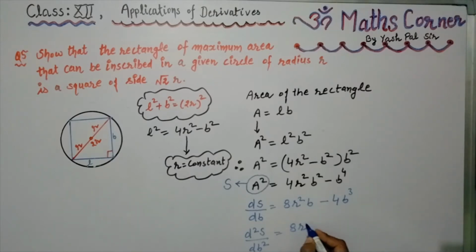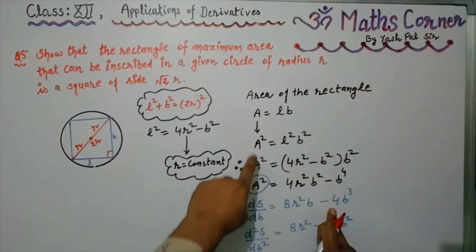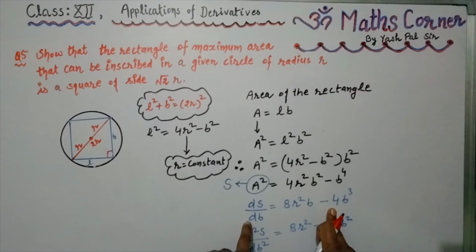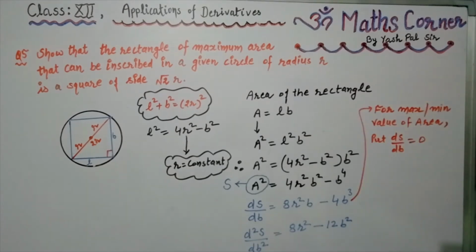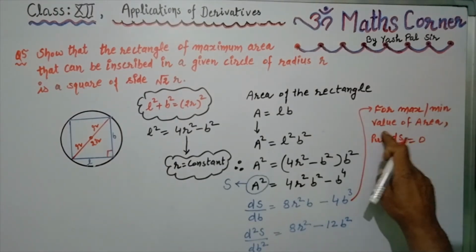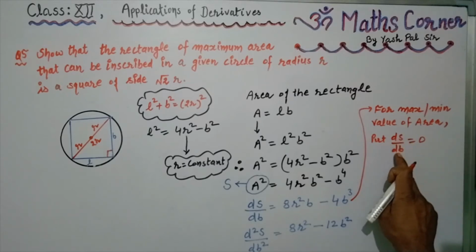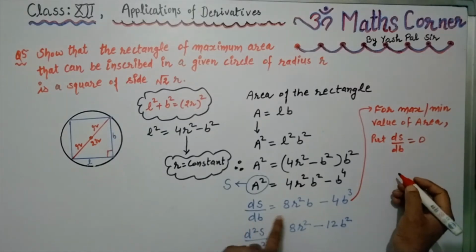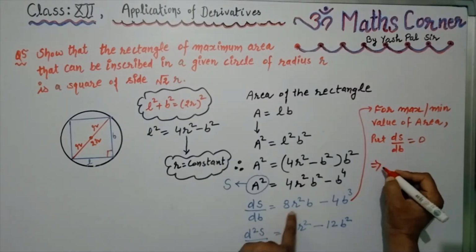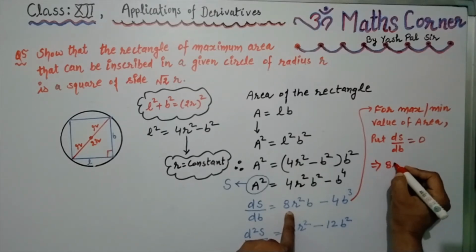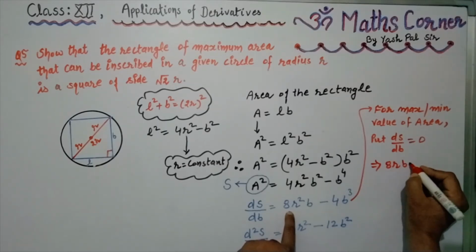Again, the second order derivative d square S by dB square. Here this becomes 8r square minus 4 into 3, 12B square. Now to find the maximum or minimum value of the area, we put dS upon dB equal to 0.